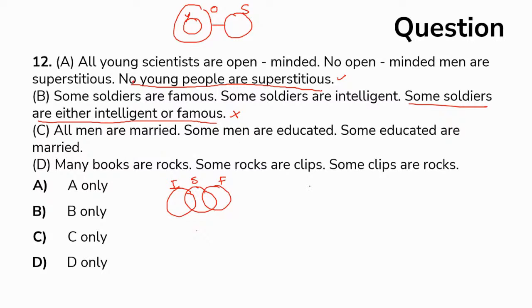So that cannot happen. And the third one, all men are married. So men are married, and some men are educated, so some educated are married. From this we can see that some educated are married.